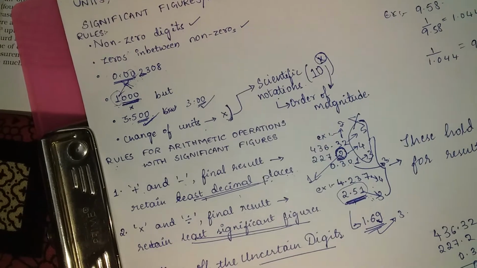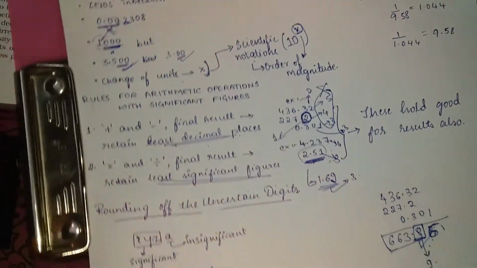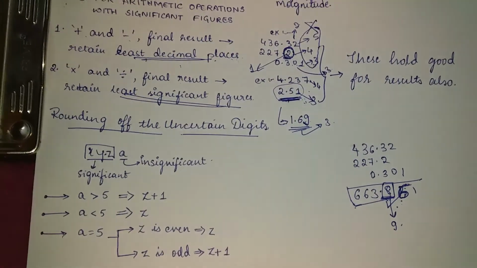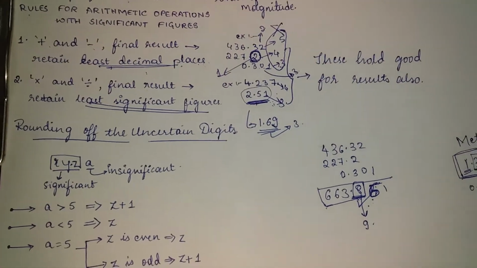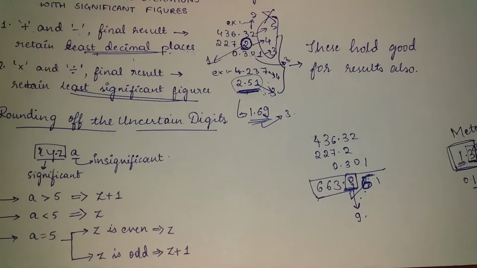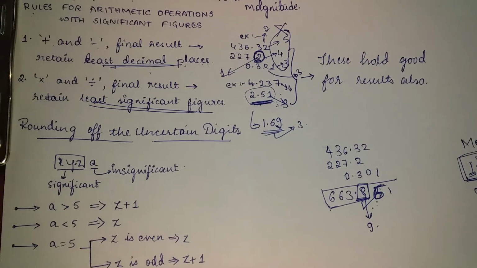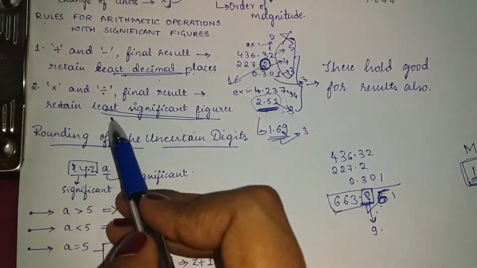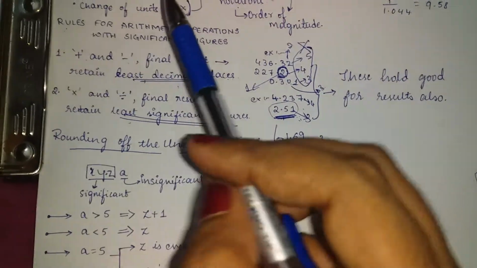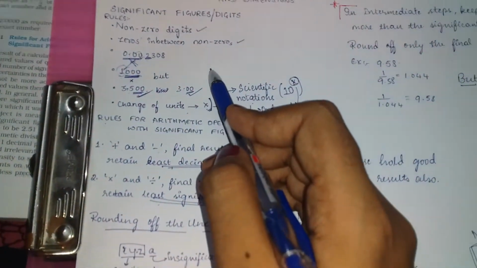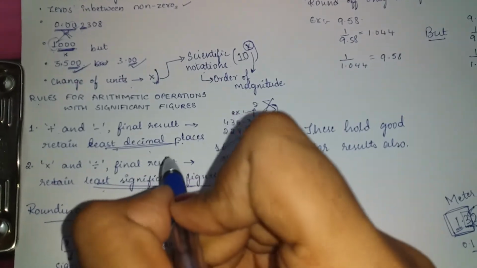You're not supposed to keep it very big. Sorry for the inconvenience of slipping, but still, this is what you need to remember: the rules for writing the number of significant figures, and the rules for the arithmetic operations.